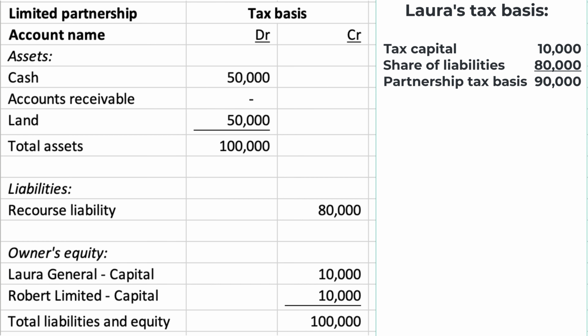Laura's tax basis in the partnership is a positive $90,000 after considering the cash distribution. She still has a $10,000 tax capital account and the entire $80,000 of recourse liabilities.